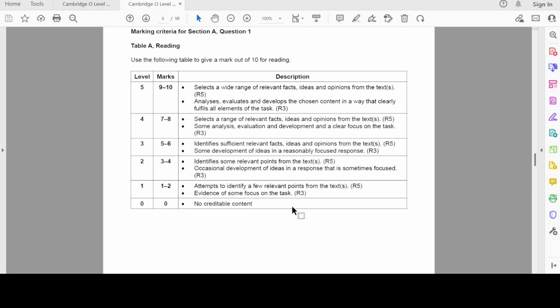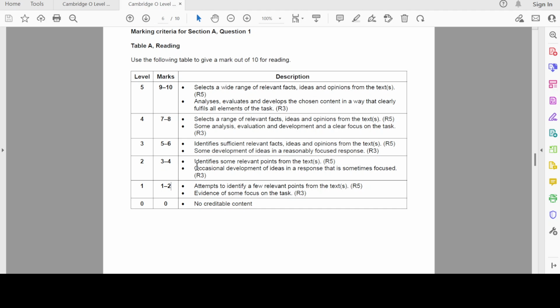Maybe the candidate didn't really get it, some other issue, right? Possibly. And so it's a very weak attempt, and so just 1 to 2 marks at best. Keep in mind that these marks are reflective of the content that you deliver. So if you've given two valid points in the content, you're going to get 2 marks, but not necessarily, right, as I'll mention later on.